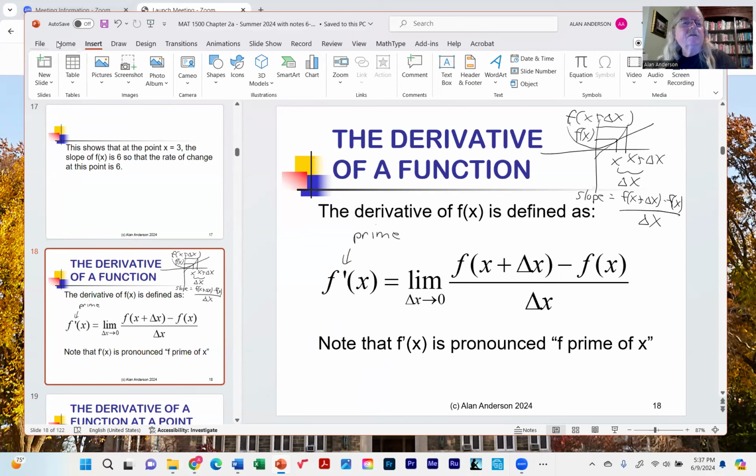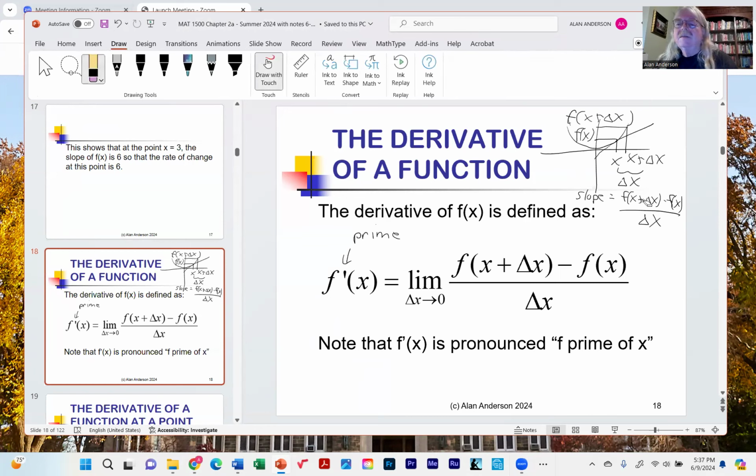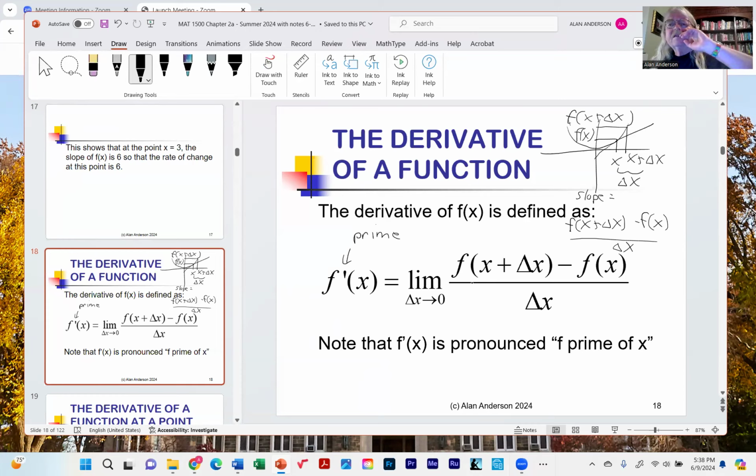Okay, actually, I'd like to write that a little bigger now, just to make sure you can read it. So based on that graph, you can see the slope of the tangent line at x is this, where delta x is the difference between these 2 points. Okay, that's why we can write it like that. Instead of x2 minus x1, it's understood that delta x means x2 minus x1.